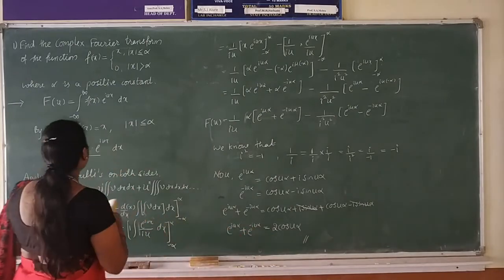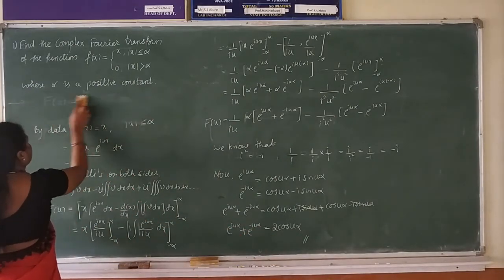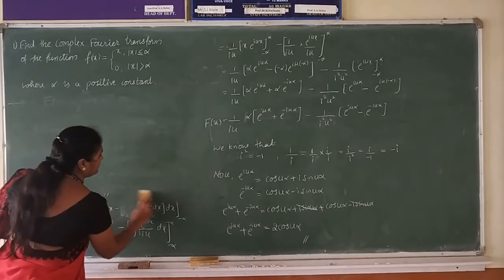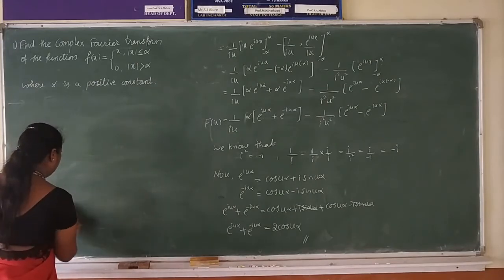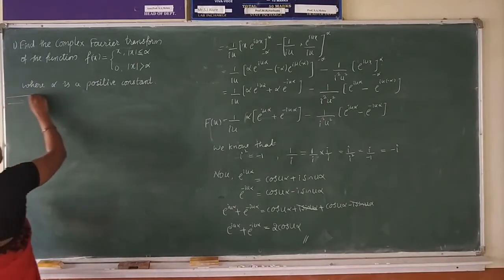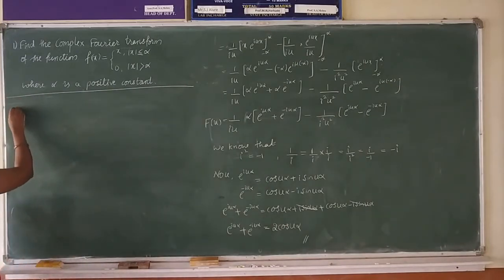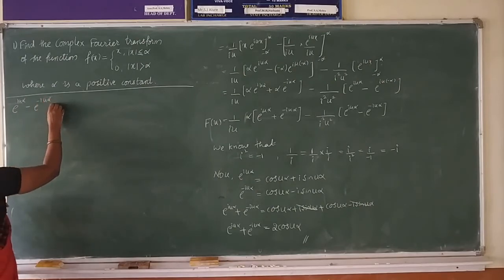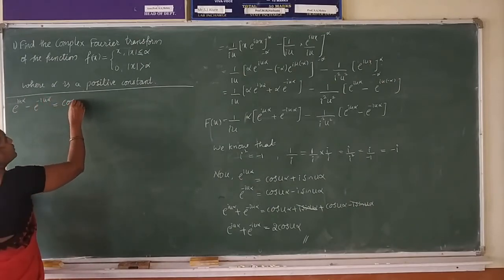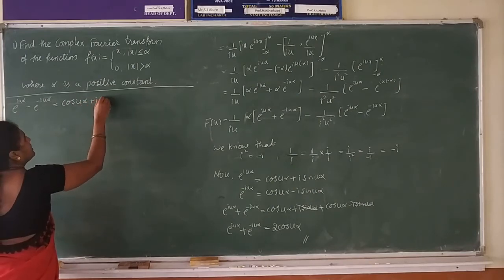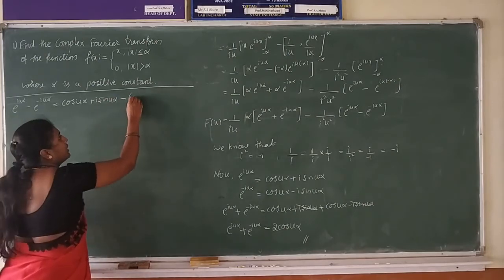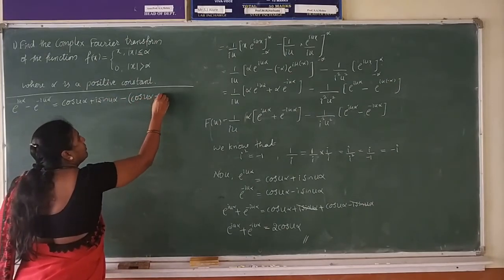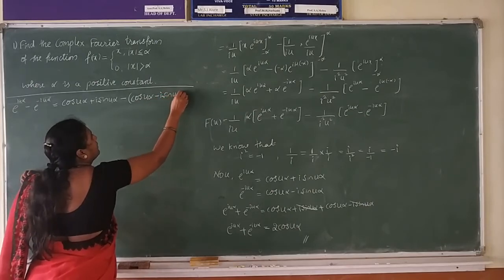Next, subtracting e to the power iu alpha minus e to the power minus iu alpha. Write down the expressions: cos u alpha plus i sin u alpha, minus, put it in a bracket, cos u alpha minus i sin u alpha.